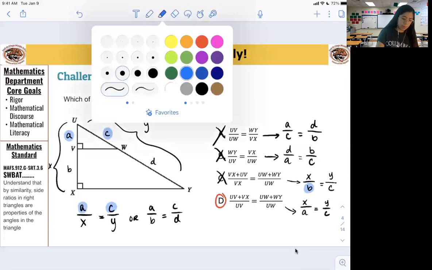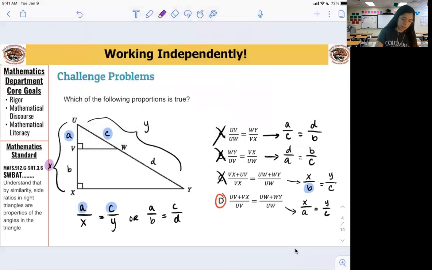Just remember that the most important thing with these proportions is that things match up. You can't mix and match all around. So I'm kind of color coding this to make it a little bit more obvious. As long as you keep blue and blue on the same level, and then orange and orange on the same level, or purple and purple on the same level, you're good.